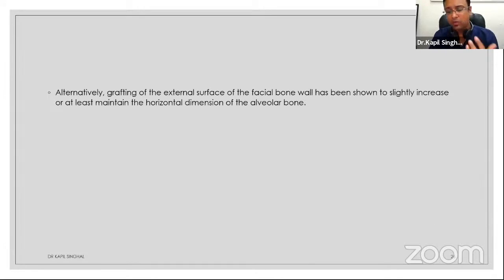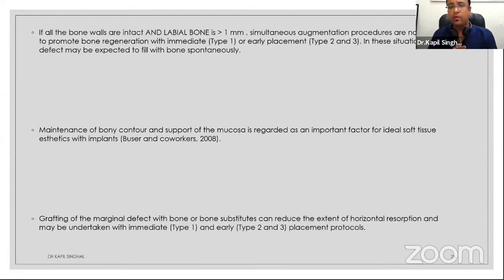Okay, so now the question arises, do we need to graft our immediate implant cases or not? It has been seen by a lot of researchers and studies, and in my personal experience, that if the tissue architecture is thick, and if the labial plate is more than 1 mm, and you're placing the implant immediately, there is no need to graft the site.